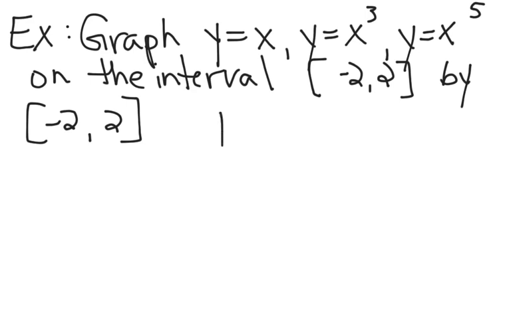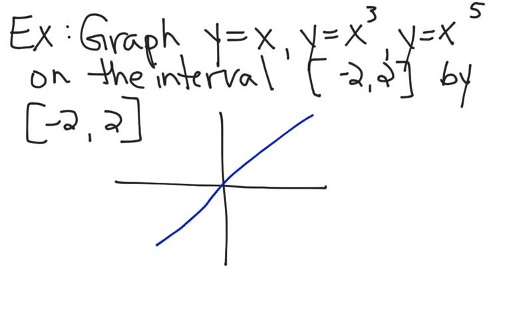So when you graph these, y equals x just pretty much looks like a straight line. It's the identity function. I should probably put my little tick marks in here. Y equals x to the 3rd, though, is going to look something like this.